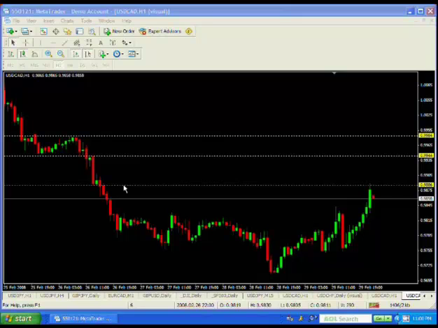I repeat, if we get a close back within resistance, resistance turns back into support. So we would not want to go short again unless we get a close below support again.